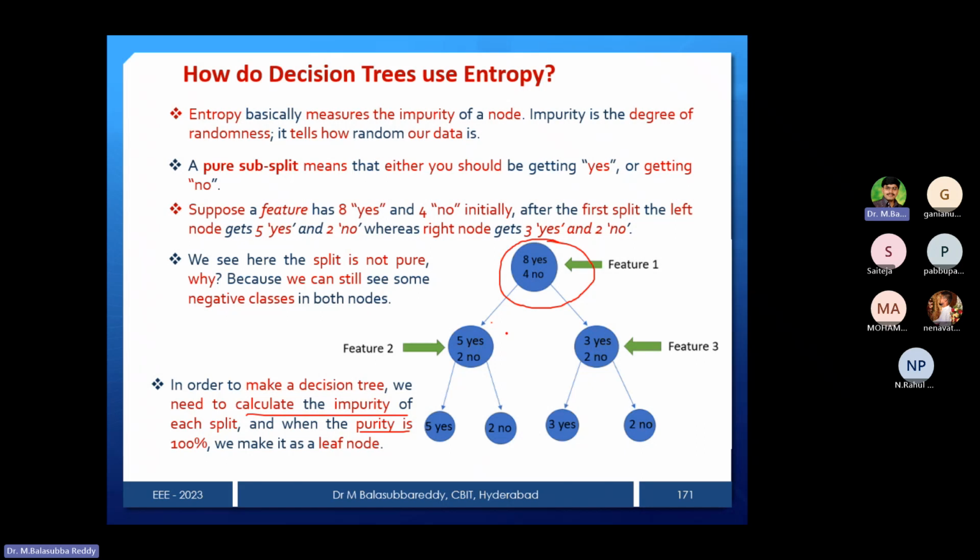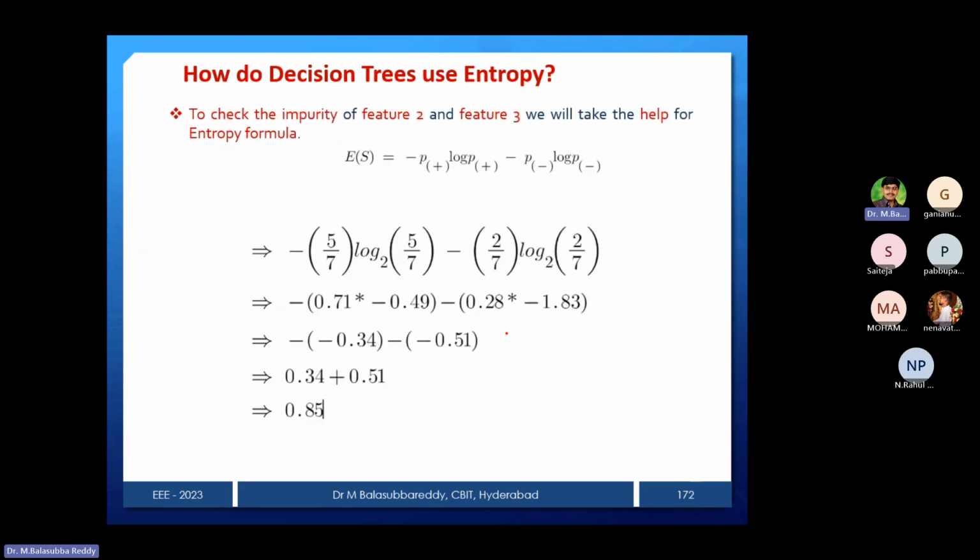So feature 1, the root node, has 8 yes and 4 no. Similarly, it divides into 5 yes and 2 no, and another classification with 3 yes and 2 no. For this, we have to go for entropy.